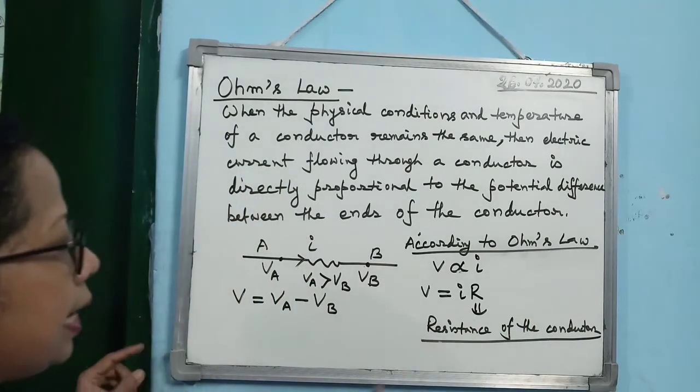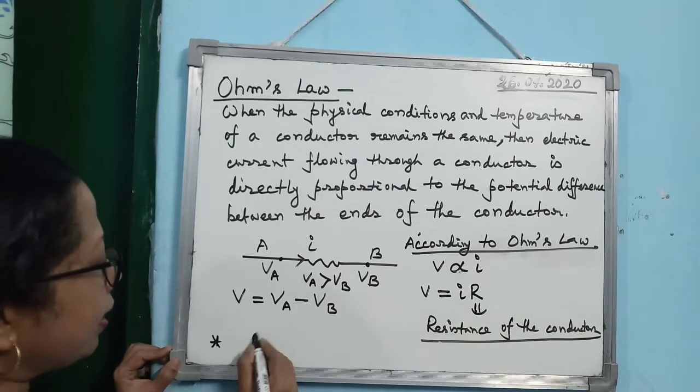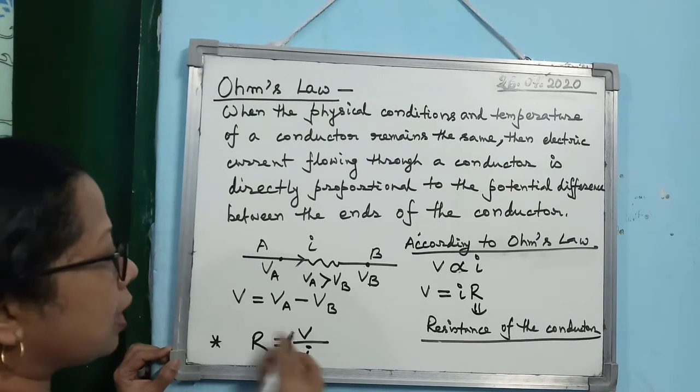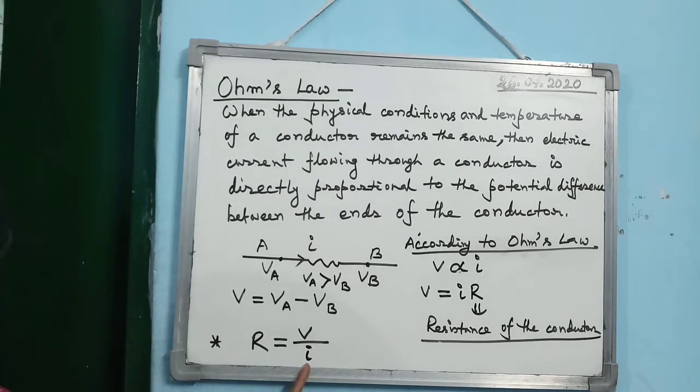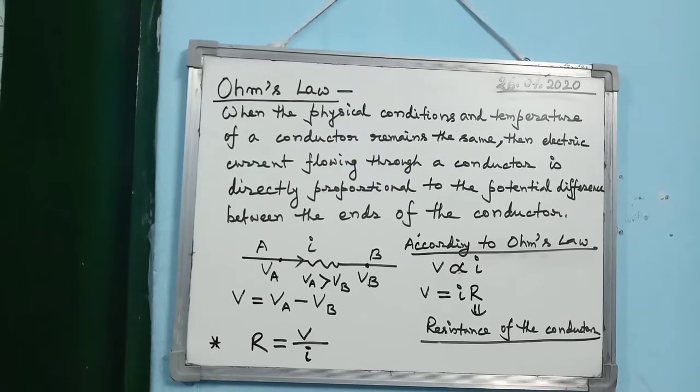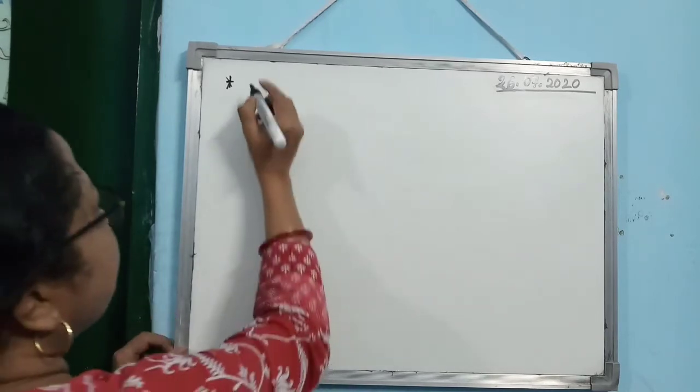According to this relation, one can write resistance is equal to V by I. V is the potential difference and I is the current. Here I have already written that V is equal to VA minus VB. So V is the potential difference, and resistance is potential difference by current. Now you must learn the statement of Ohm's law and this mathematical relation also along with the diagram. So mathematically also you have got the concept of resistance.